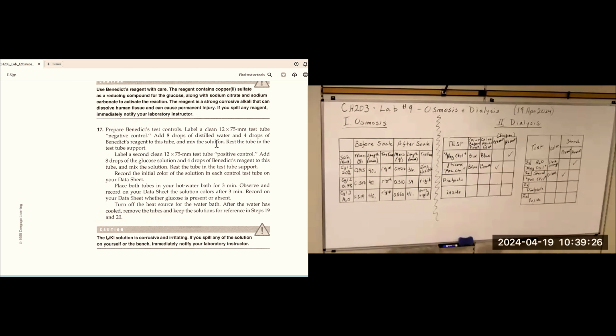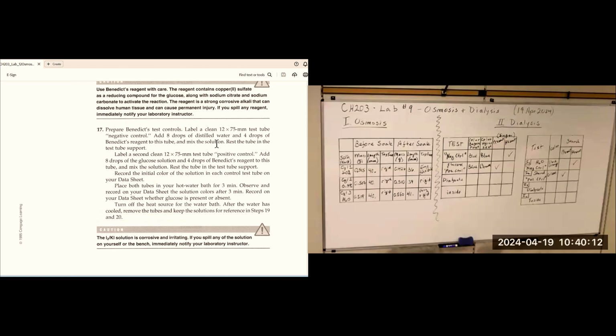Yep, a couple of beakers. Big ones. Or do we have to go backwards? That's the solution inside the Benedict's. Solution inside the tubing. We can get outside the tubing too.